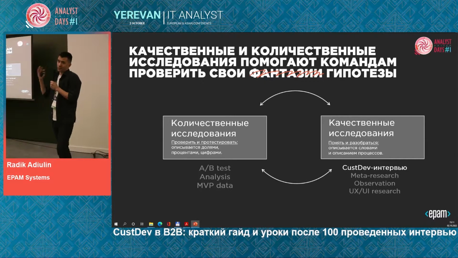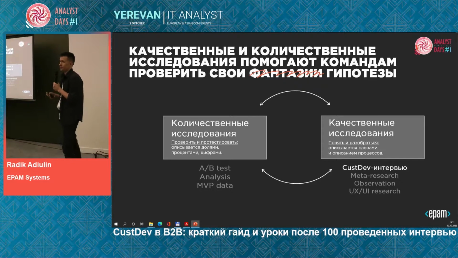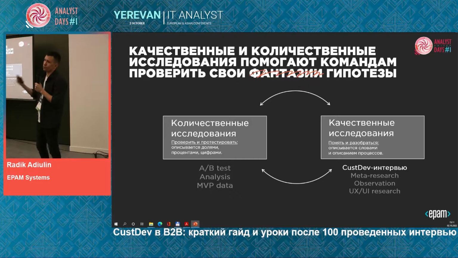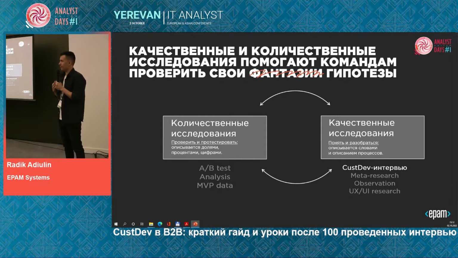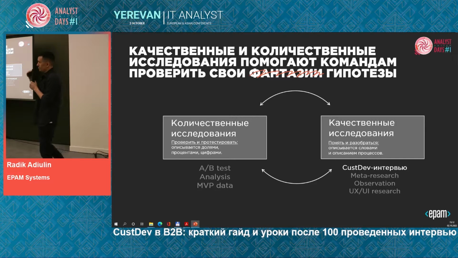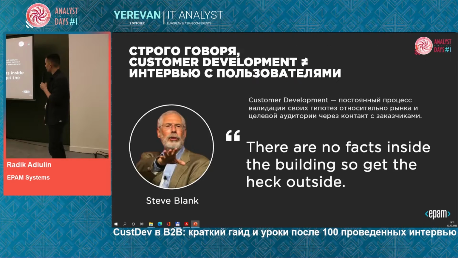They could be quantitative and qualitative. Quantitative research answers the questions: how many, how much, and what is the share. So they have figures, and qualitative research describes the process, how people make their decisions. Today we'll be talking about the customer interview.